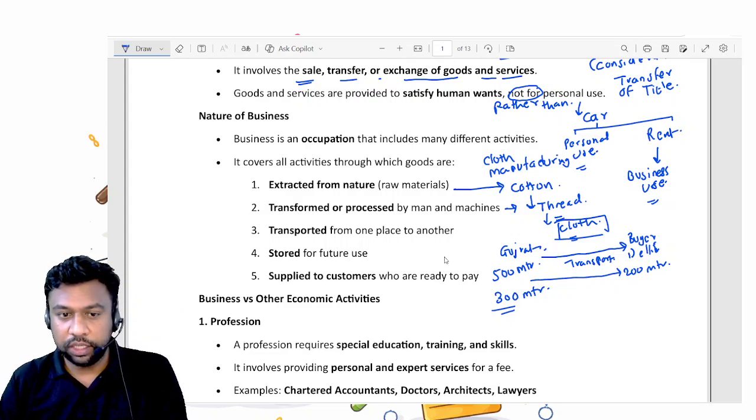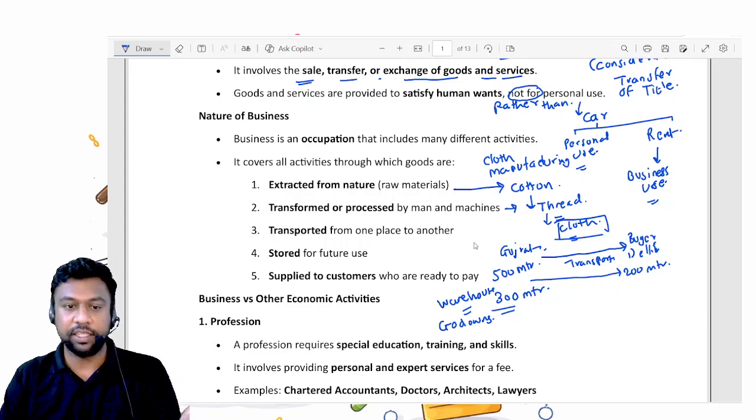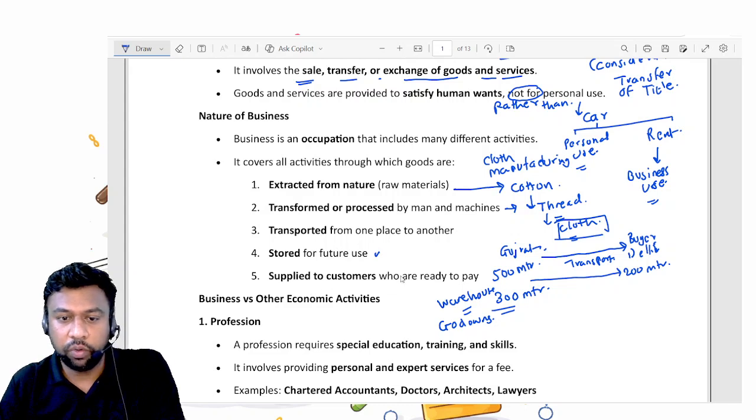I will store this in a warehouse, or popularly known as godowns. So that is your storage, stored for future use. In future I'll get some buyer and I'll sell this product to that buyer. Supplied to customers who are ready to pay.